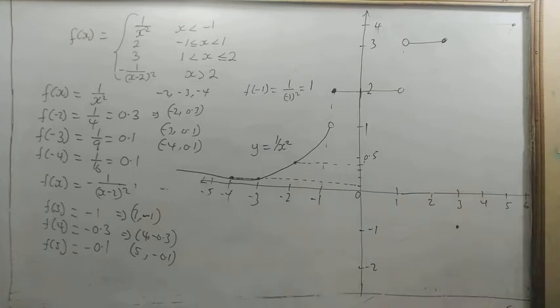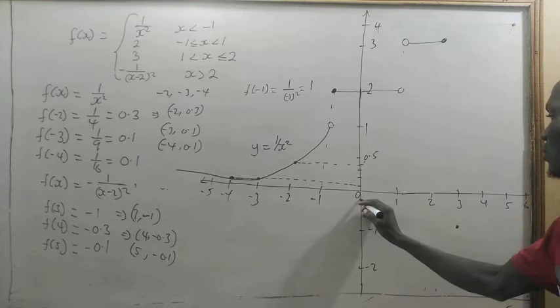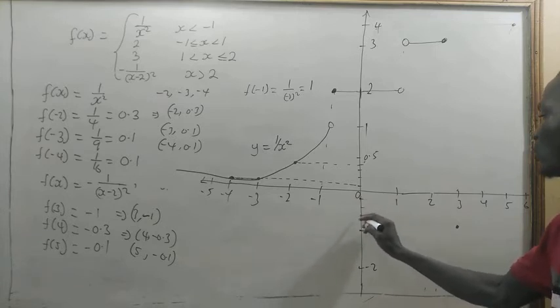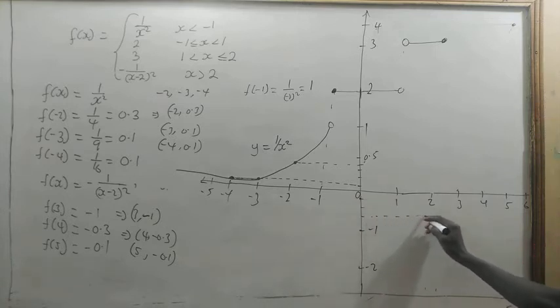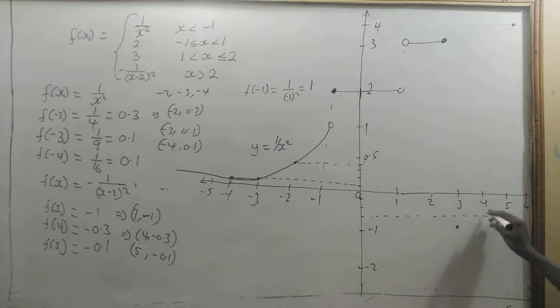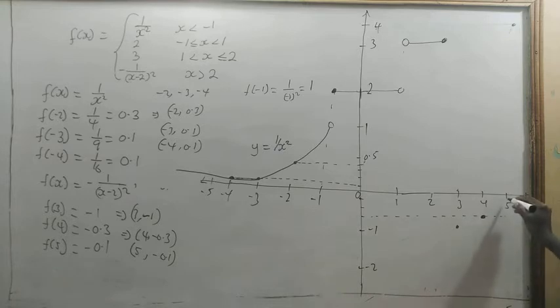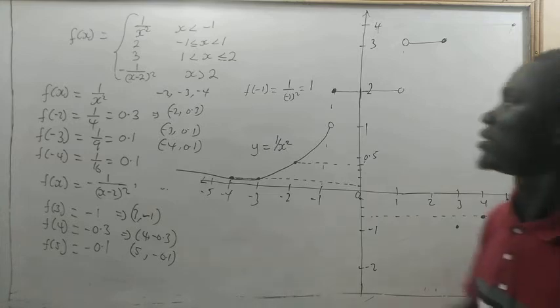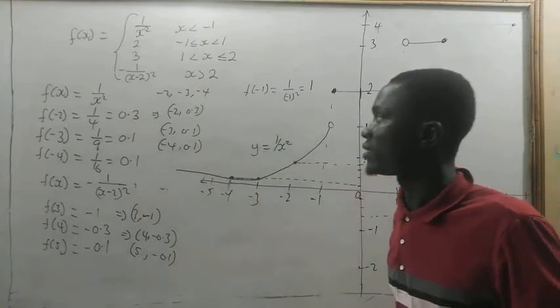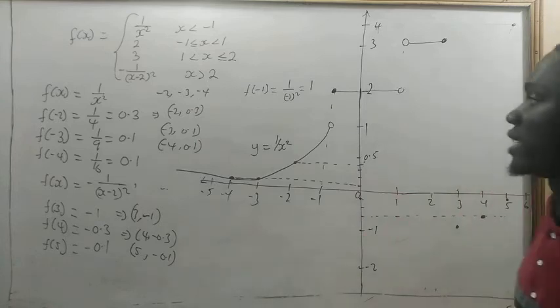We are plotting 4 and negative 0.3. So 0.1, 0.2, 0.3. Then we are plotting 5 and negative 0.1. And we are saying that x is greater than 2.